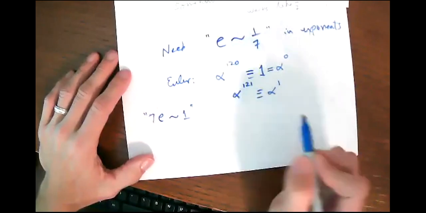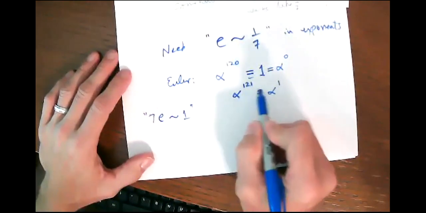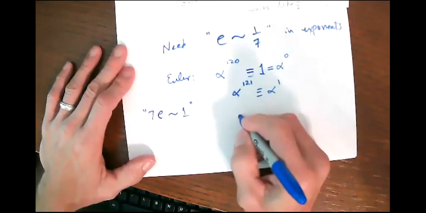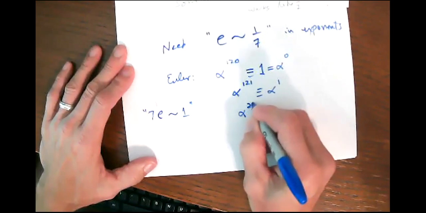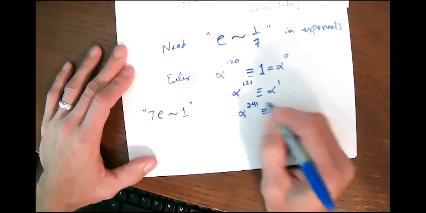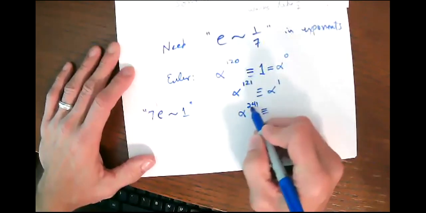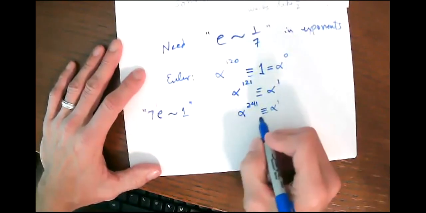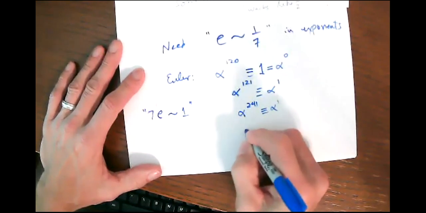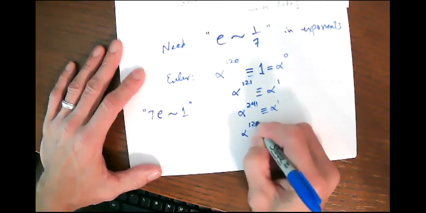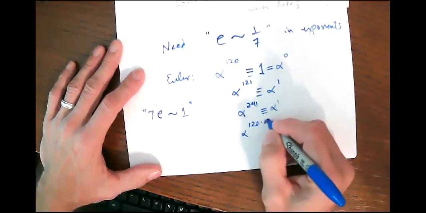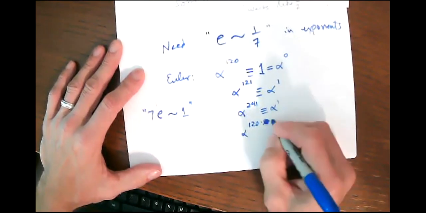And there's nothing special about the 120 except for the fact that it is 1 more than the number 120. In other words, I could have equally well used 240. Alpha to the 241st power would be congruent to alpha to the 1st power, and so on, taking any alpha to the 120 times delta. Oops, I said I wasn't going to use Latin letters. Give me another Greek letter that doesn't look like a Latin letter.